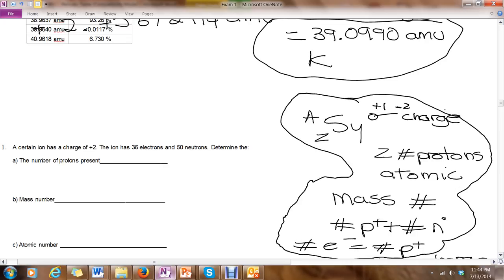Now don't get confused with this. The mass number is not on the periodic table. It's the mass number, it is not on the periodic table.